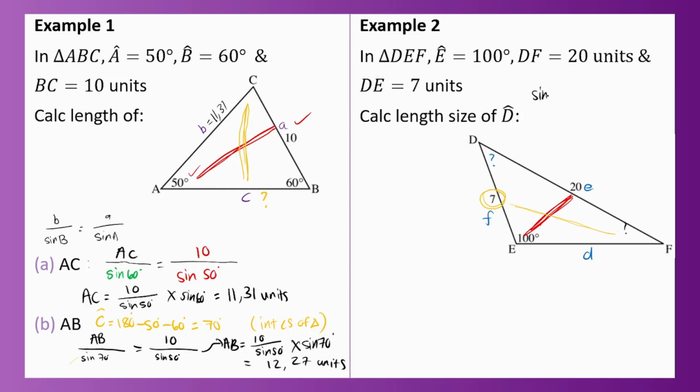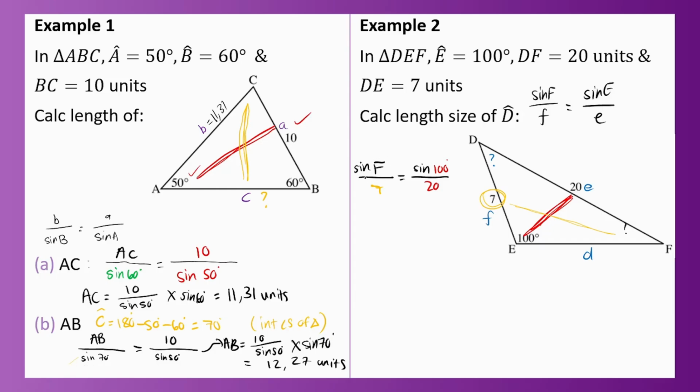So sin F over side F is equal to, the pair we have is with E, so sin E over side E. And we're looking for sin F. The pair that we were given is sin 100 and side length 20. And then the other angle, the F that we're looking for, has 7 opposite it.